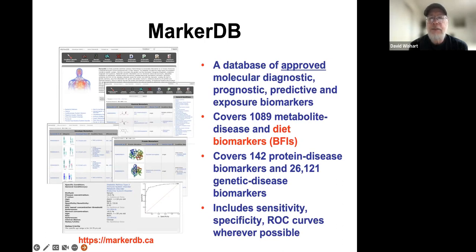We've tried to capture information about sensitivity and specificity and ROC curves. A lot of this is captured from the literature and from the papers that we put together as part of the FooDB project. And it's expanding because more and more work is being published in this area. So whether it's PhytoHub or MarkerDB, these are, I think, really useful resources for tracking what's going on in terms of biomarkers of dietary consumption.